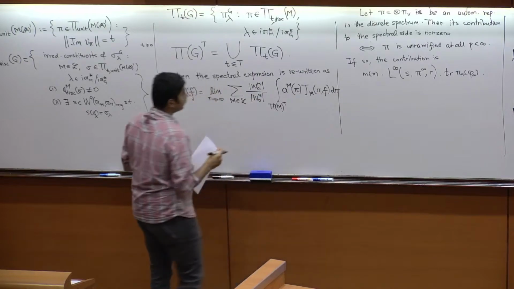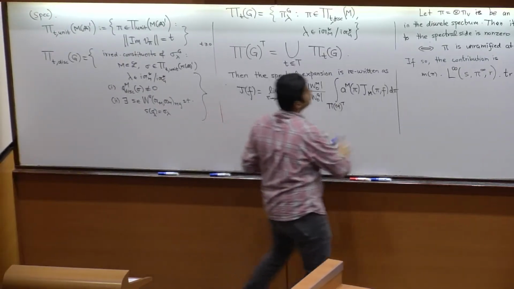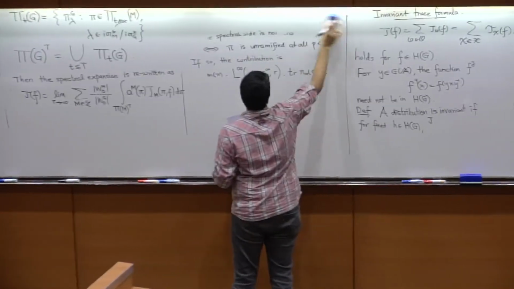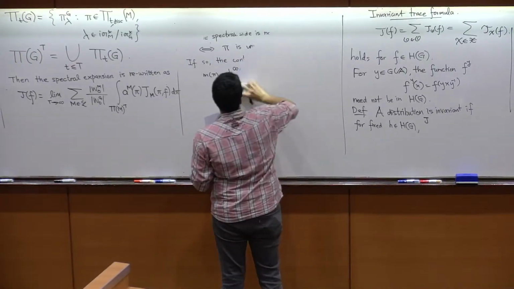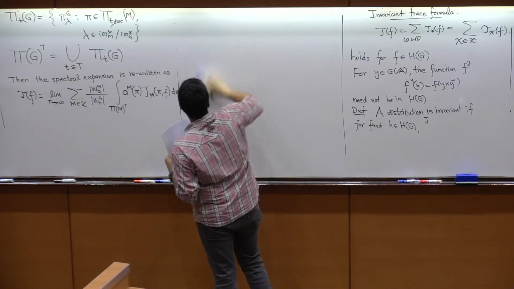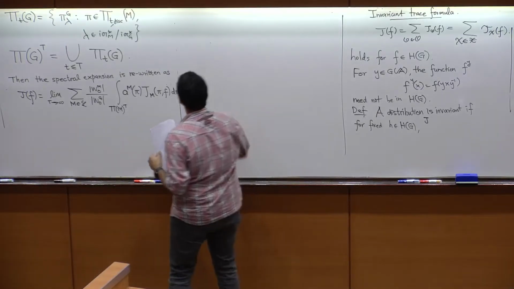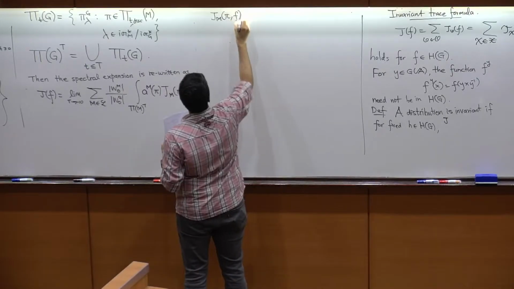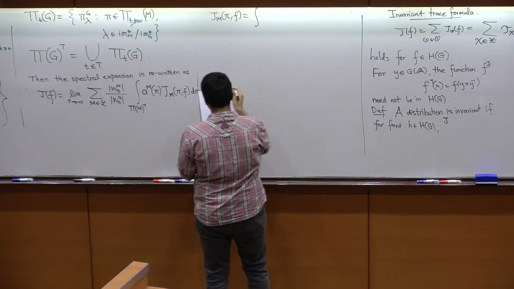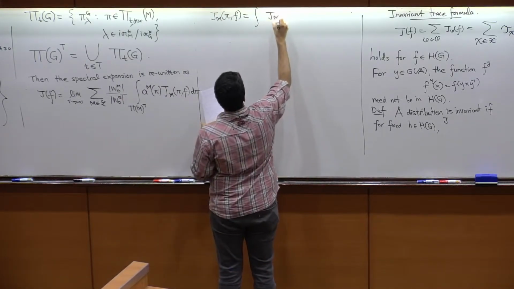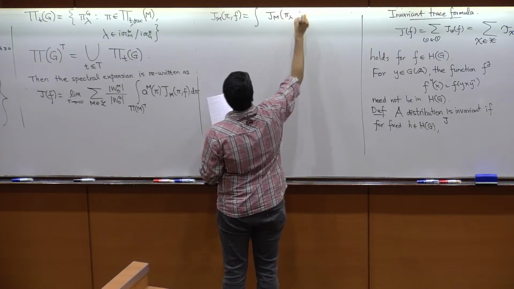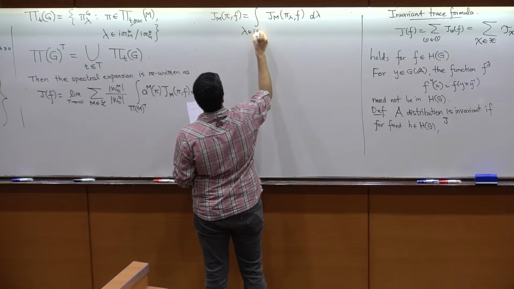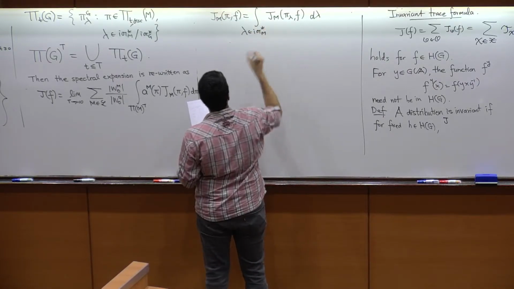Now I have to tell you what J_M(pi) is. So J_M(pi) is given by the following. It's the integral of J_M(pi_lambda, f) d lambda, and lambda is in i a_M^*.